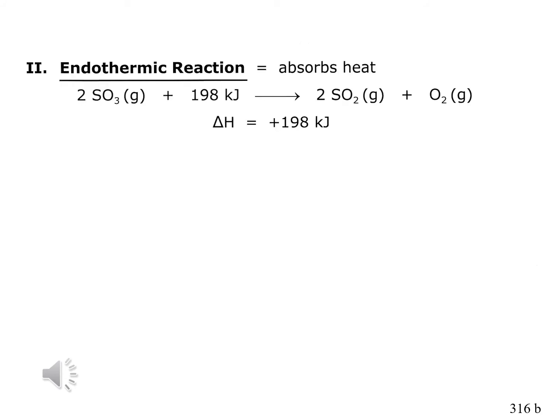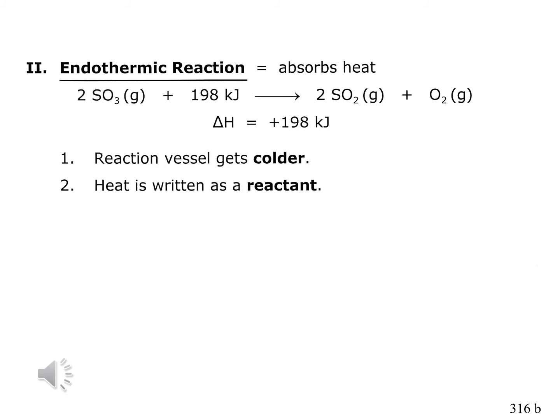Now you know that endothermic reactions occur and they absorb heat, and that means that the delta H is going to be positive. So I'm showing an example of that. In these reactions, the reaction vessel gets colder. You can actually feel it getting colder if you're doing it in a test tube or something, and the heat is written as a reactant because it's being absorbed.